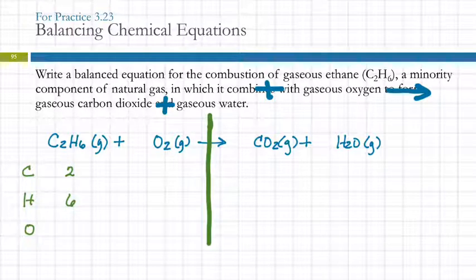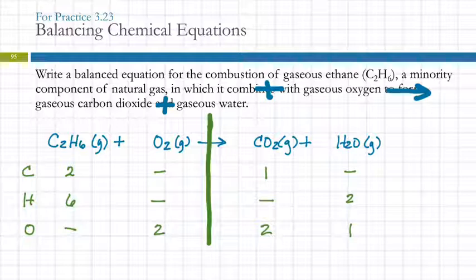How many oxygens? None. Zeros and O's get confusing, so I'm just going to put a line there because there's none. Over here in the oxygen, I've got no carbons, no hydrogens, I've got 2 oxygens. And then over here, this is 1 carbon, no hydrogens, 2 oxygens, no carbons, 2 hydrogens, 1 oxygen.